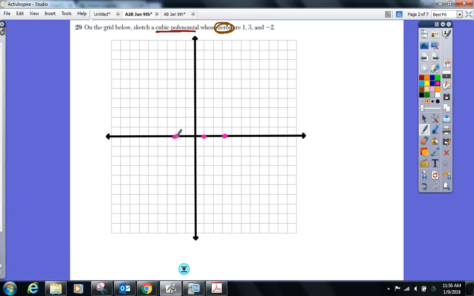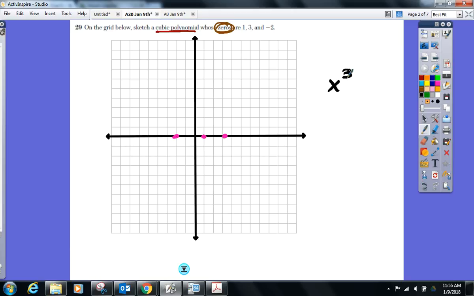Now, what's the rest of the graph look like? What's cubic mean? Highest exponent is cubed, which would be what number? Okay, so it's something x to the third. The rest doesn't matter. I have not gone over this yet, so let's review this very slowly.